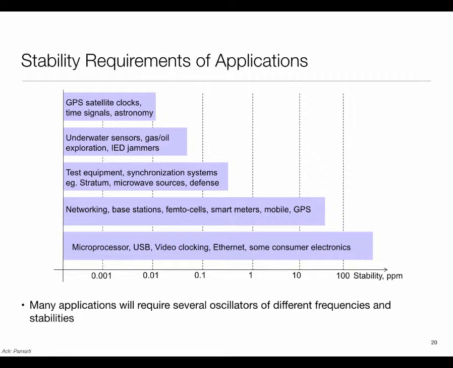If you're just running microprocessor code, if all I want to do is run Word or something, as long as it doesn't make 1 second look like a year, which it does sometimes, who cares if it's 1 second versus 1.1 seconds? You can tolerate a lot of instability, and likewise for things like video clocking. Then once you start getting into things like Ethernet, you need more stability, but you're still at 100 ppm or even higher.